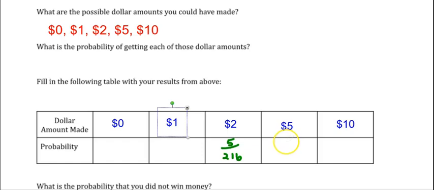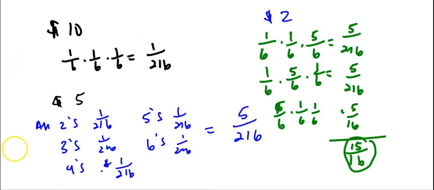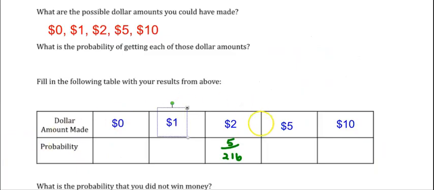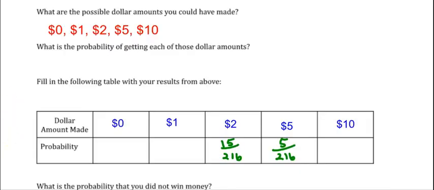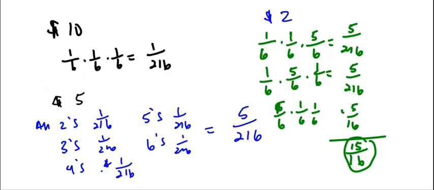So $5, we said it was 5 out of 216. And that's 15. That's 5 out of 216. And the $10 was 1 out of 216.